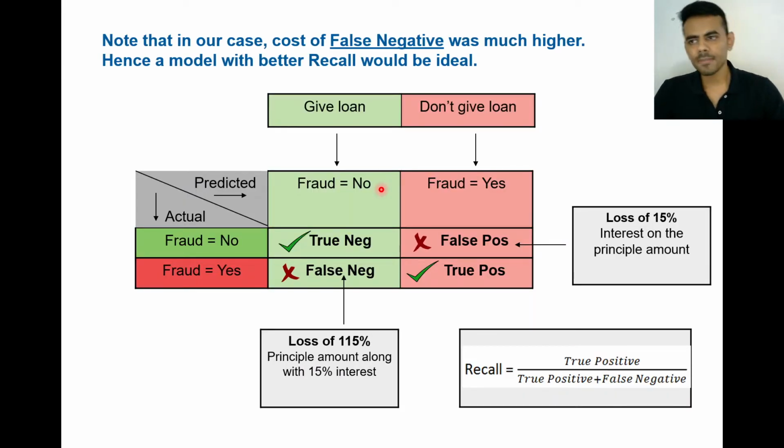To summarize, the cost of false negatives was much higher, at 115% of error. Hence, a model with higher recall is what a business should ideally look out for. Just to summarize quickly, what is recall? It is true positives divided by total fraudulent cases, also known as false negatives plus true positives.